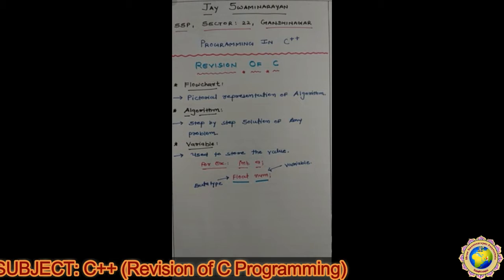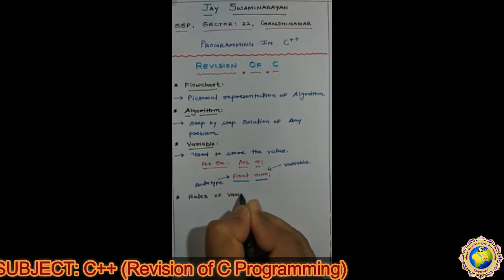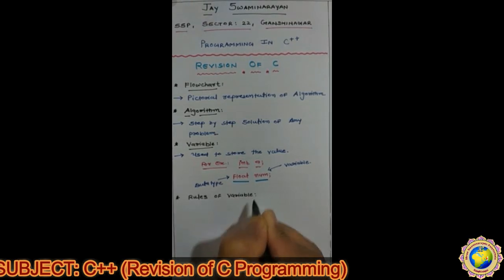Now the next term is the rules of a variable. As you know, there are some rules to declare a variable.